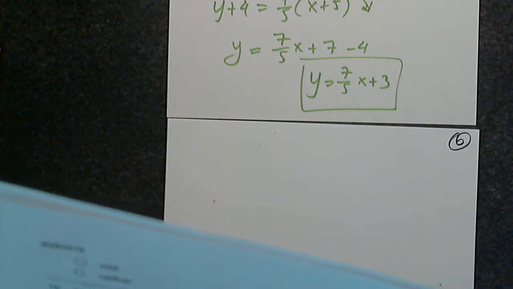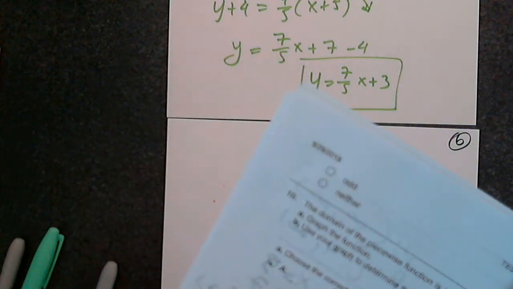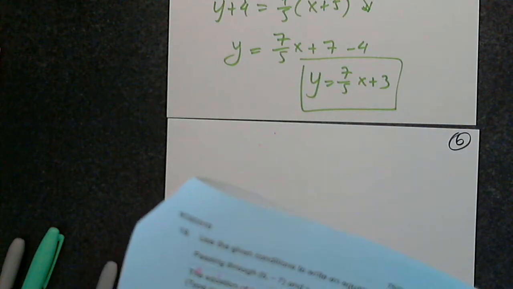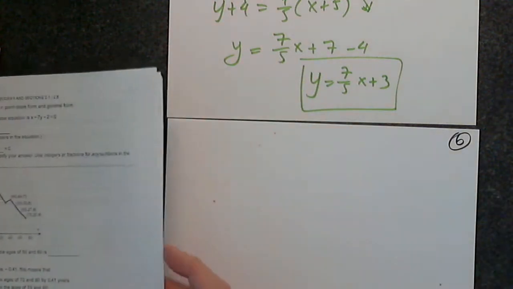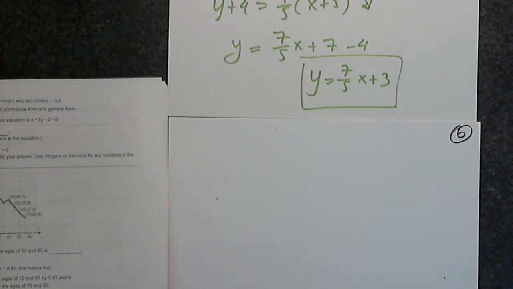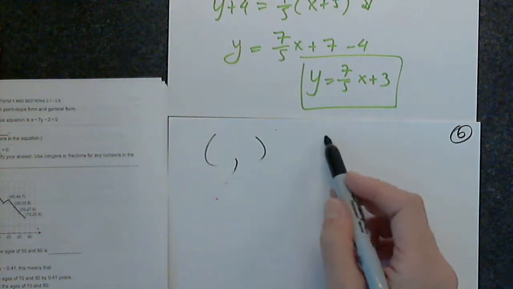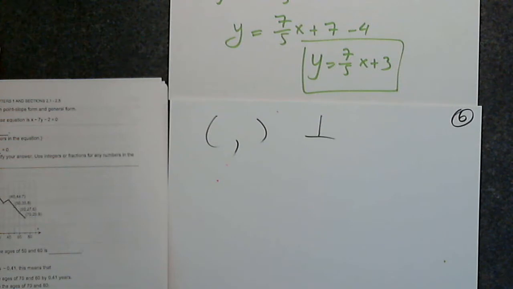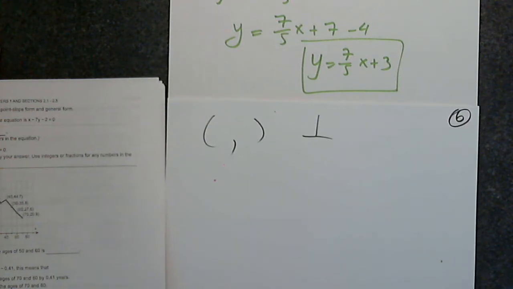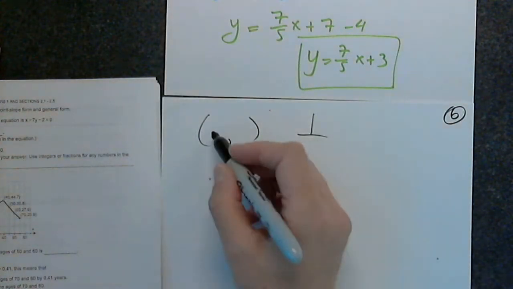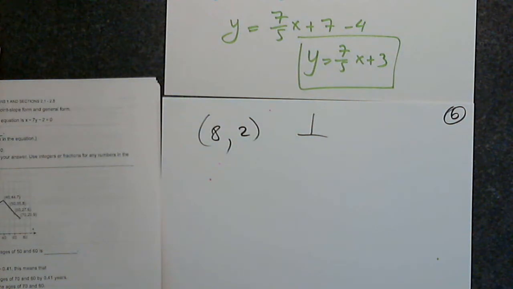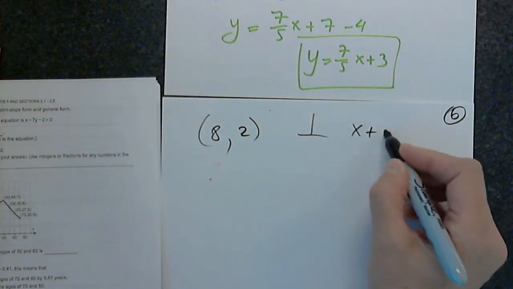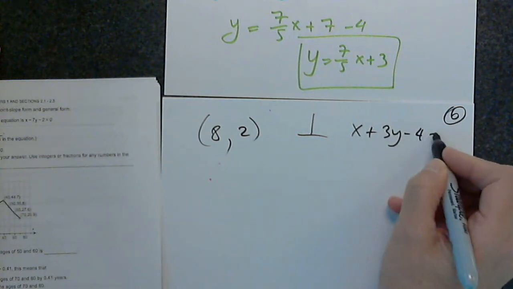Can we do another one that's like number 19? Number 19. Yeah, we can invent one. Just give me a point and give me a line that you want it parallel or perpendicular, it's up to you. We're going to do a line that passes through 8, 2. Good. And it's perpendicular to x plus 3y minus 4.